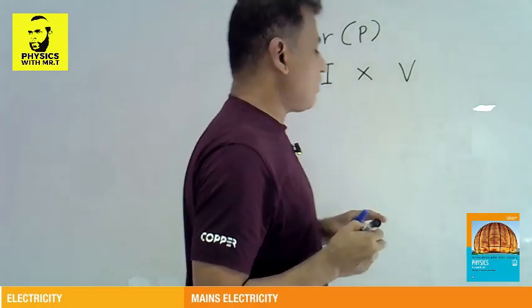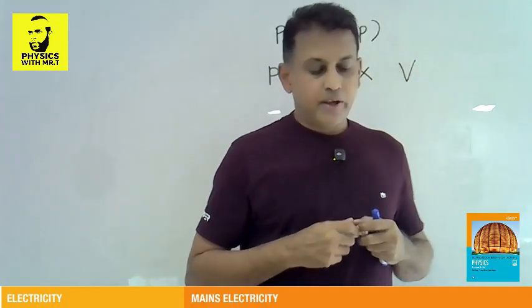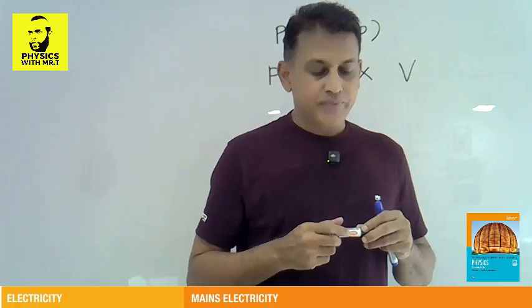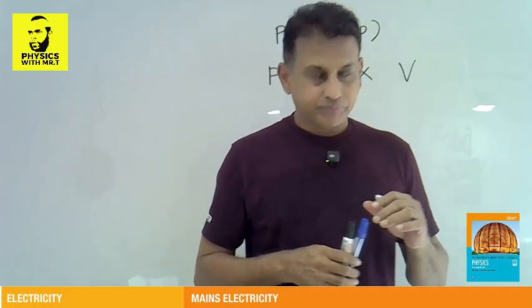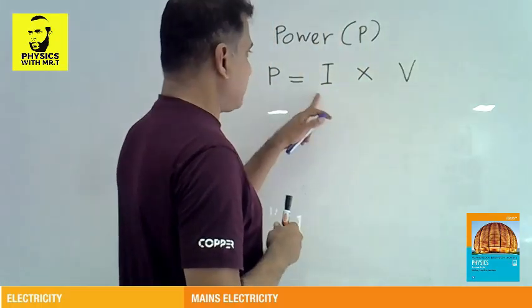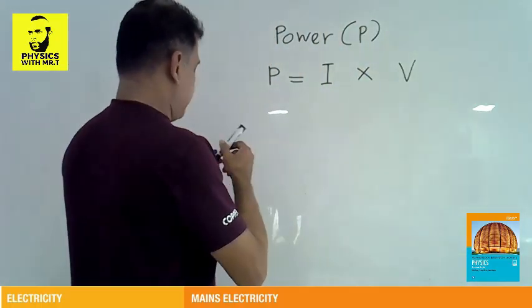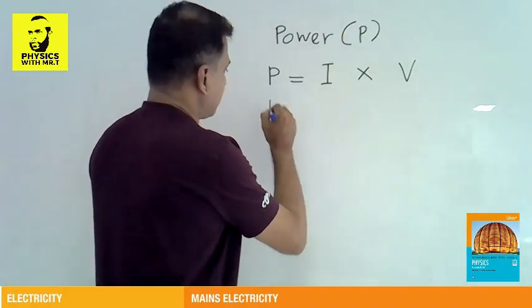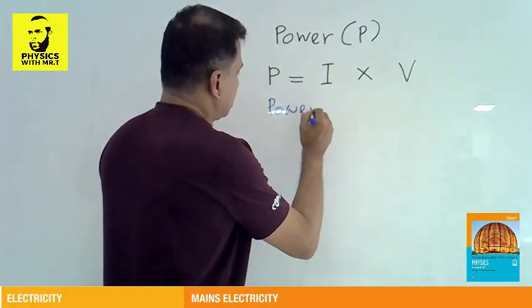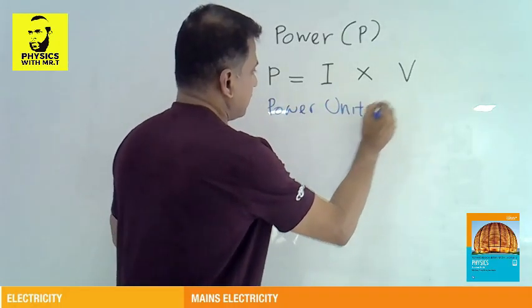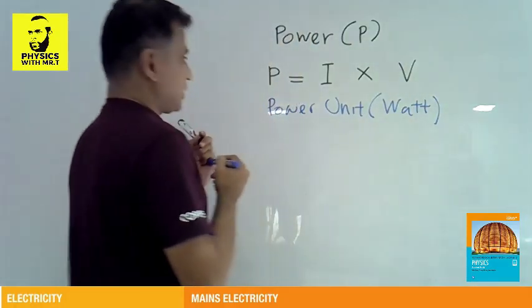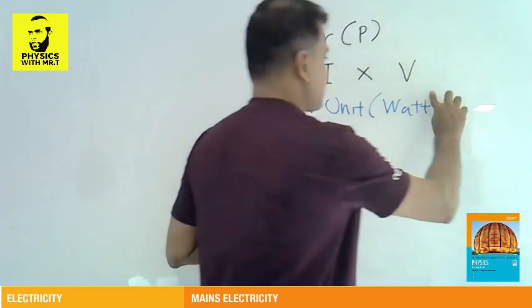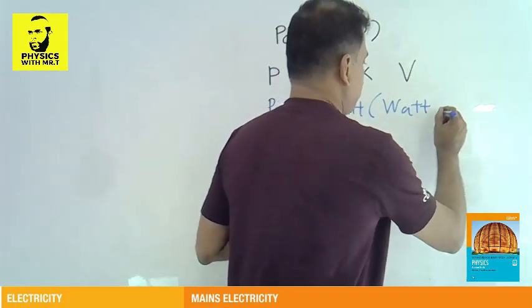So P is the power, I is the current, V is the voltage, right? So the unit of power is watt. We measure the unit as watt and write a capital W.